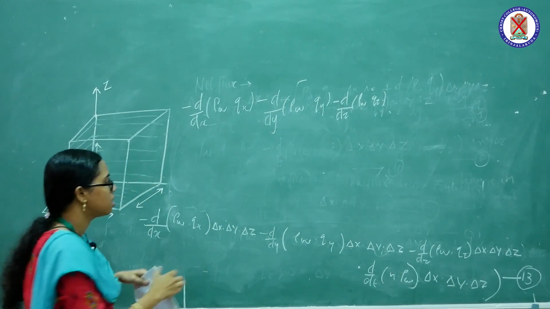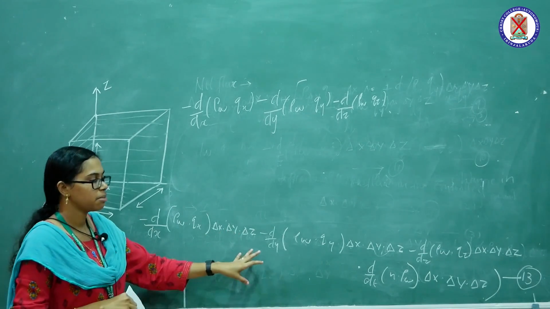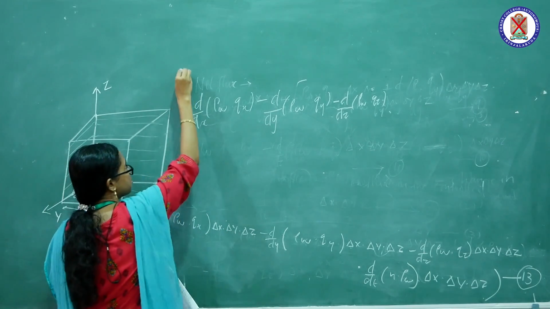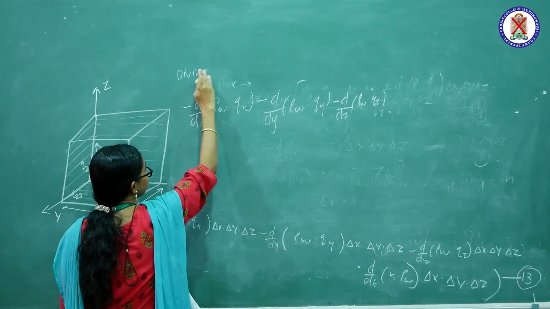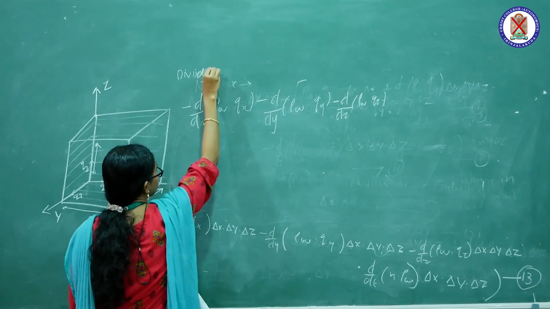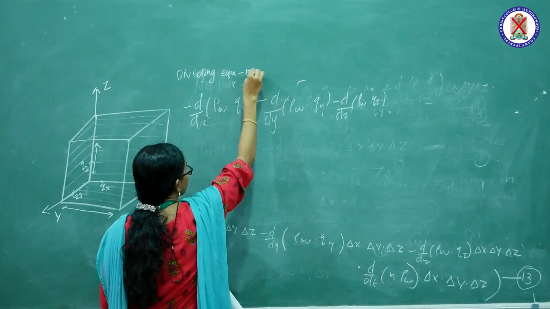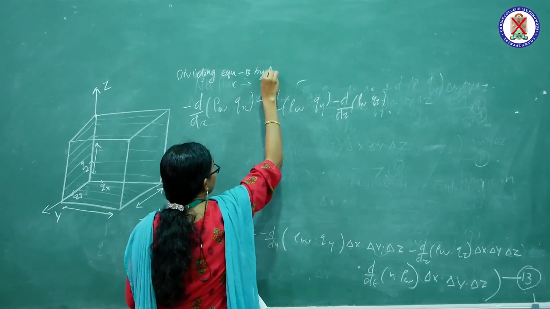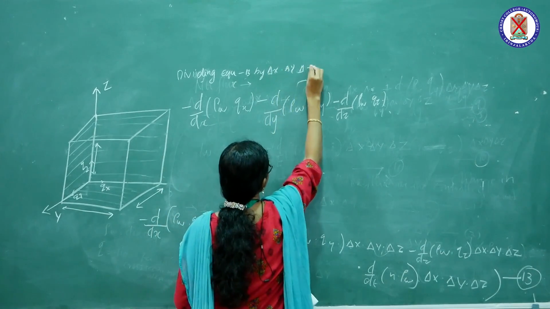So what we have done is divide both sides by delta x into delta y into delta z.